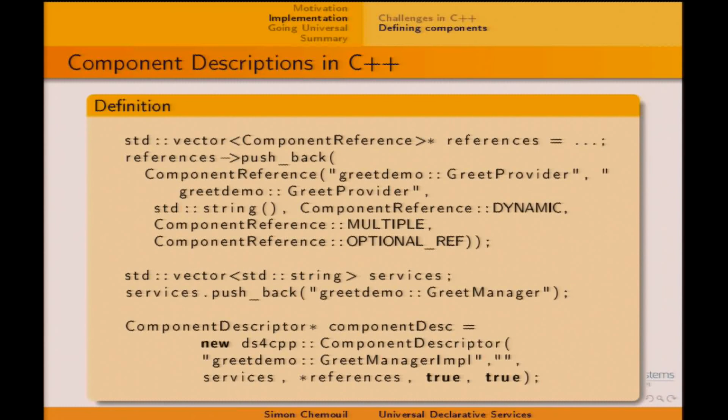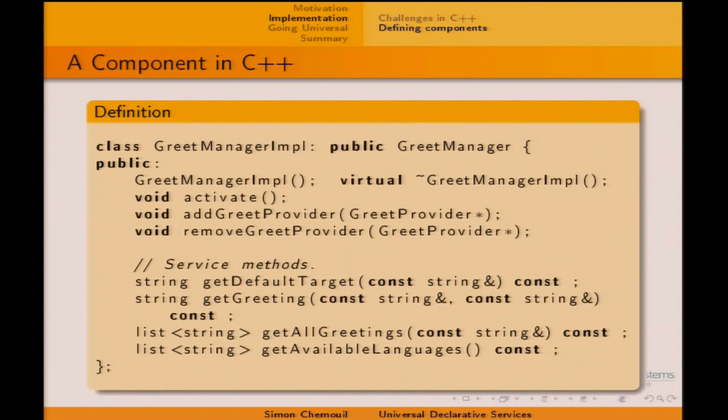Okay. So let's look at the implementation of that greeting manager impl component. That's here. Okay. So now you should be really familiar with this, because this is very close, if not exactly the same, as declarative services POJOs in Java.